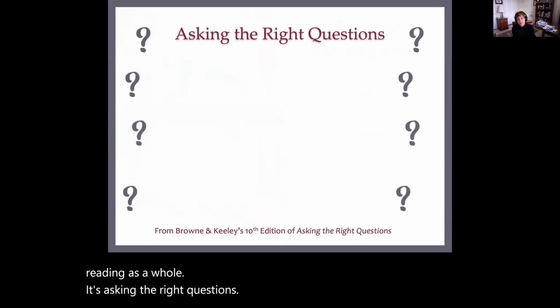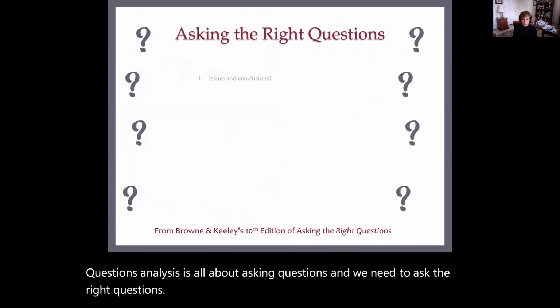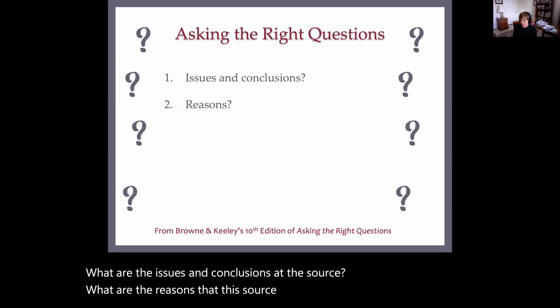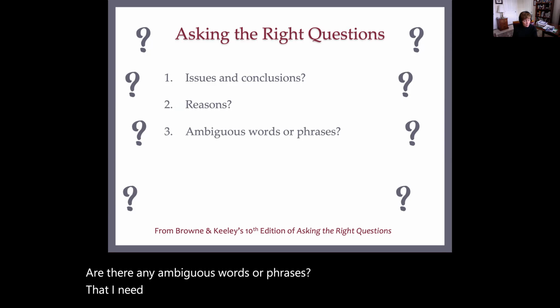Analysis is all about asking questions, and we need to ask the right questions. So, what are the issues and conclusions of the source? What are the reasons that this source came to those conclusions? Are there any ambiguous words or phrases that I need to explore?